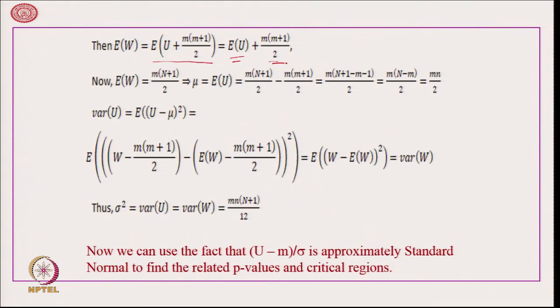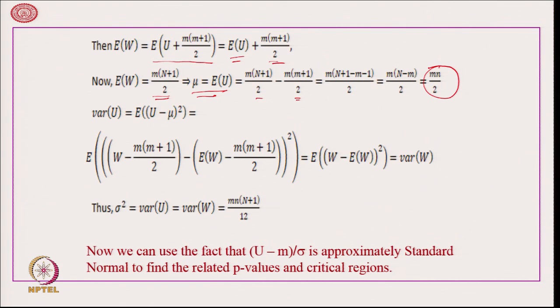Now, we have already stated, although we did not prove it yet, that expected value of W is equal to m(N plus 1) by 2, which implies expected value of U is equal to m(N plus 1) by 2 minus m(m plus 1) by 2, which comes out to be mn by 2.